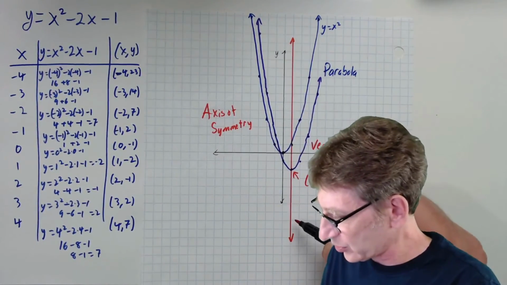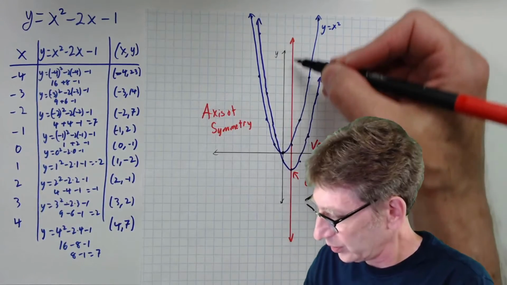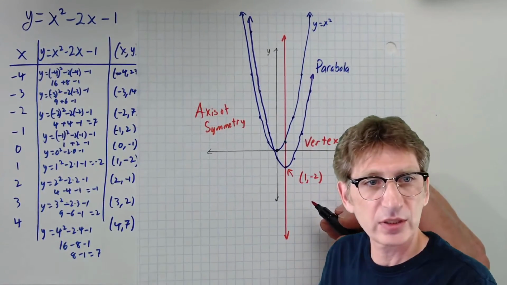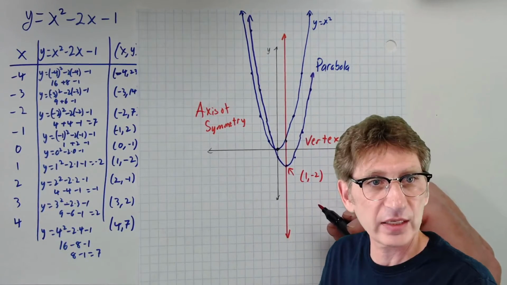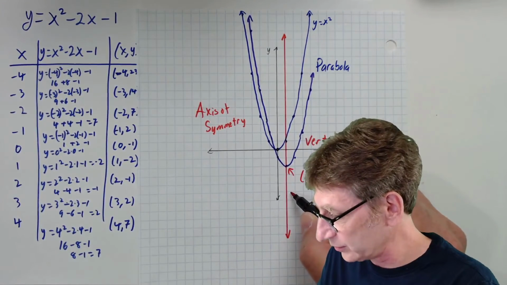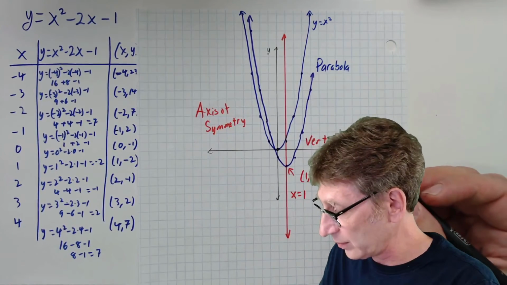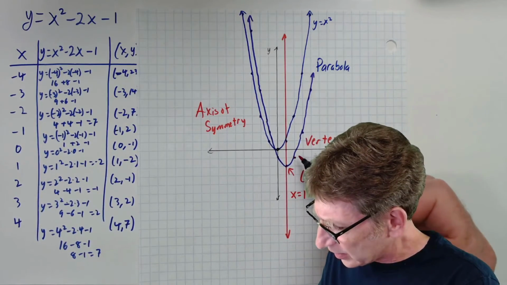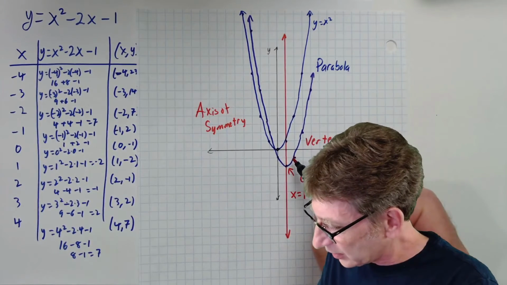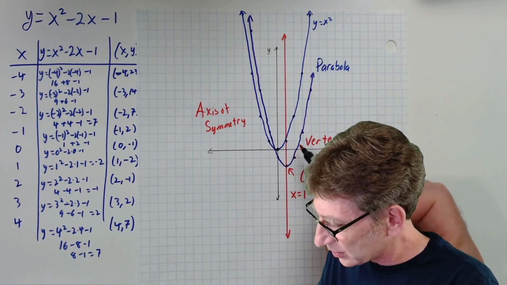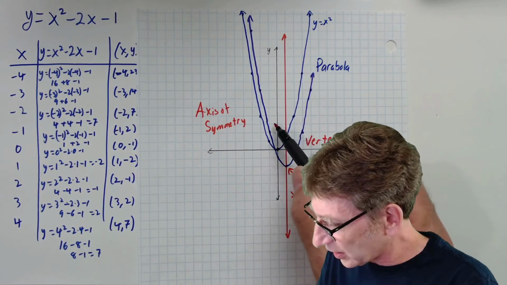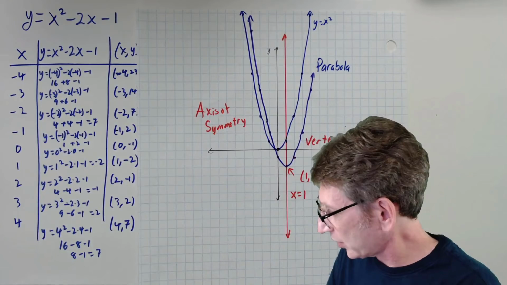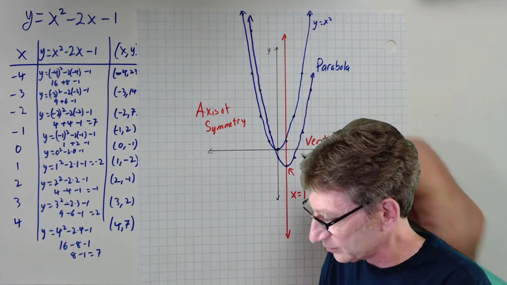The axis of symmetry goes through the value of x equals 1, and every line has an equation. So the equation of the line that gives us the axis of symmetry is x equals 1. If you notice that these points on the right side are the same distance on either side of the parabola, this gives us a pretty useful way to graph.